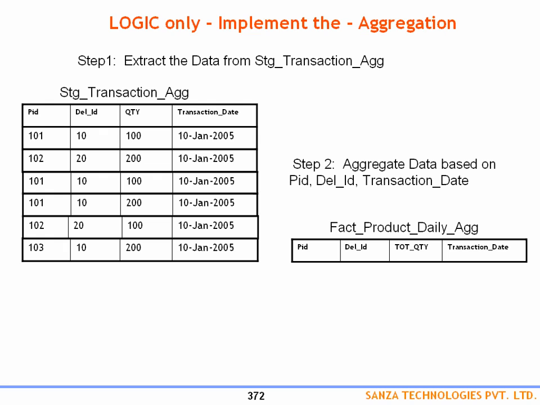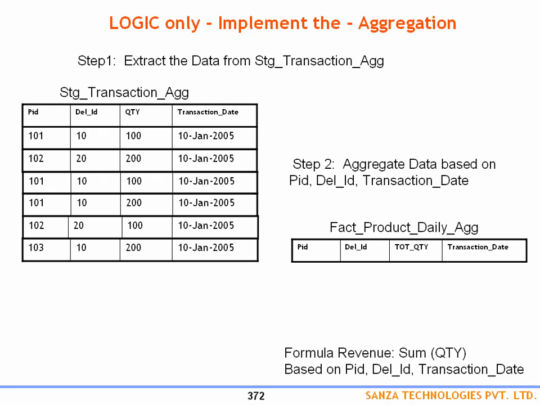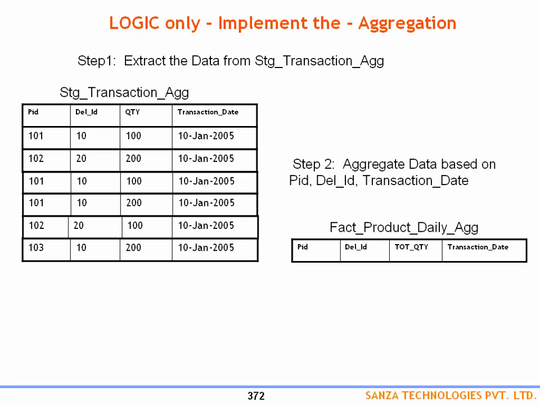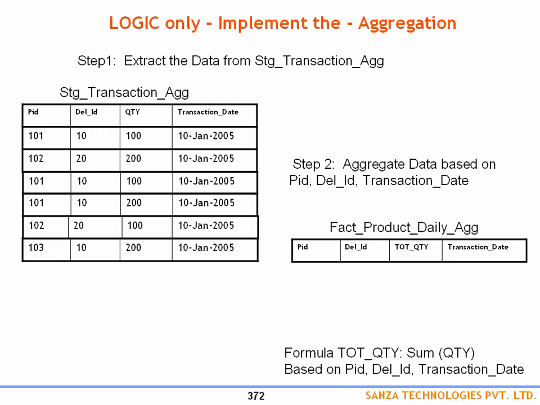So what do you do? To calculate the total quantity, the formula is sum of quantity based on product ID, dealership ID, and transaction date. Simple aggregation.